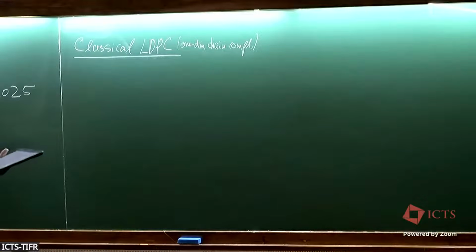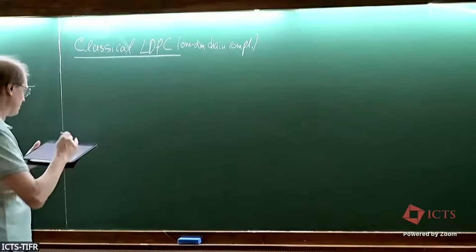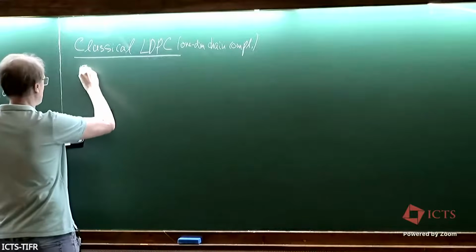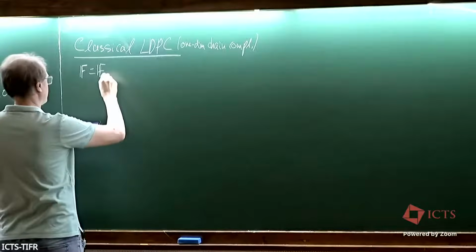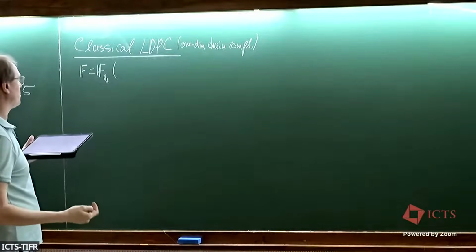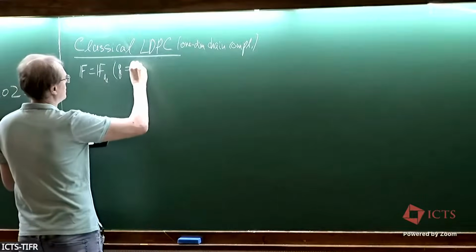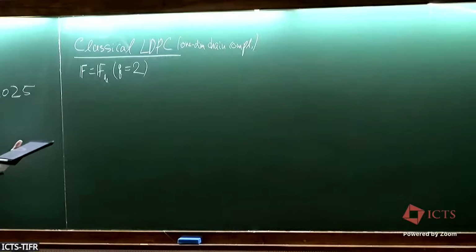Okay. Let me first remind you some standard definitions that I'm pretty sure you know very well, just to fix the notation. So we will use this symbol for our main field, which almost in all cases will be just the field of 2 elements.